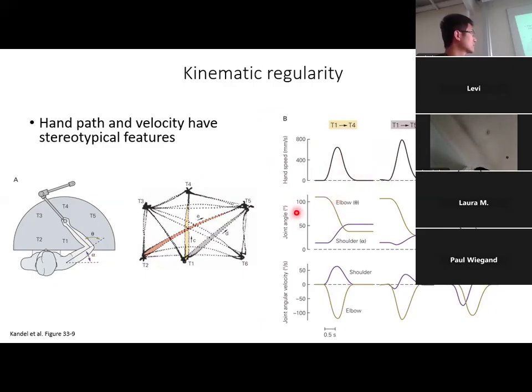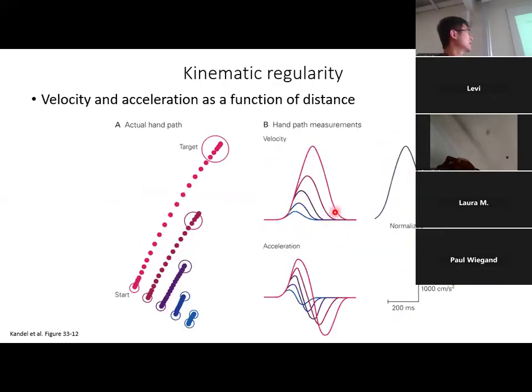If you look at the joint angles, the elbow and shoulder joints can have different profiles in time, while the hand speed is always similar and bell-shaped. The angle position and angle velocity all depend on movement direction, but the shape of the hand speed is invariant across different targets. Let's look again at the hand path and hand velocity.